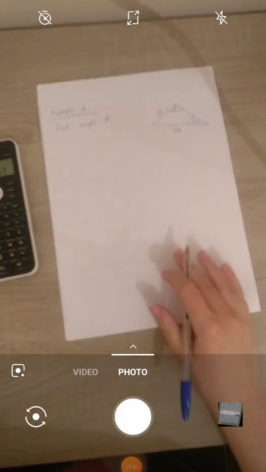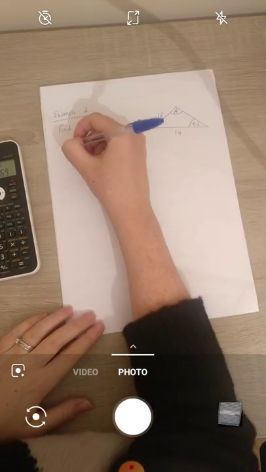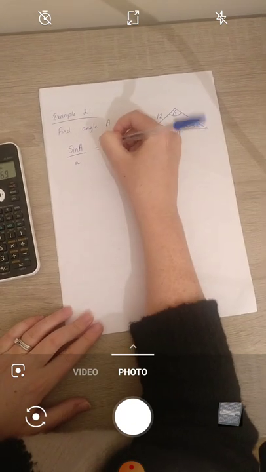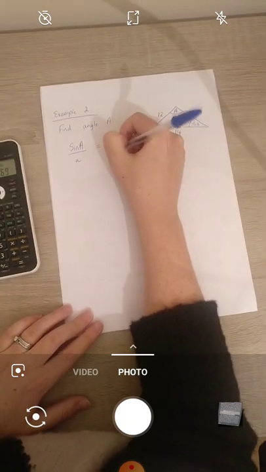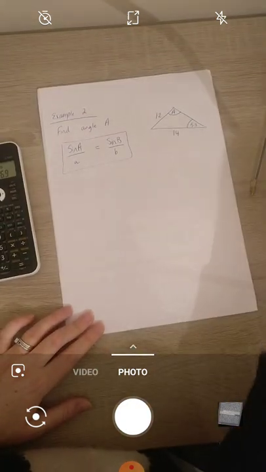Okay. Another example here, it says to find angle A. Now remember I said if we're finding the missing angle, we flip the formula so the angles are at the top this time. So I'm going to label my information.